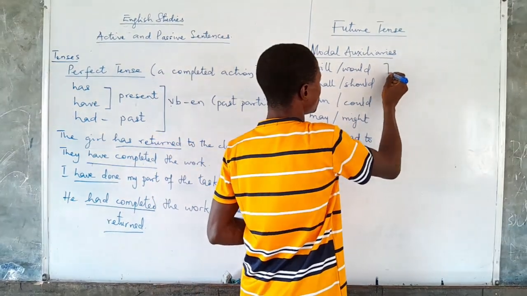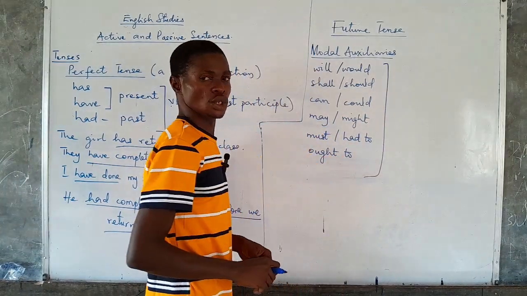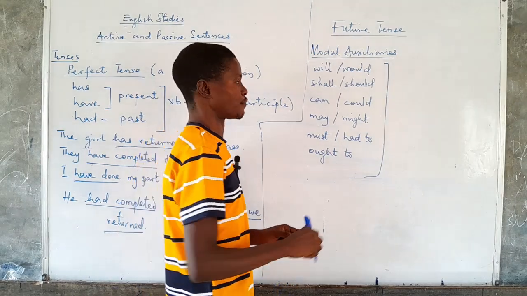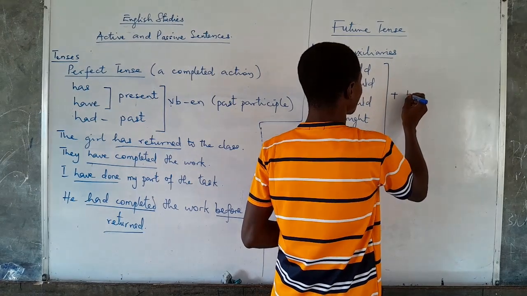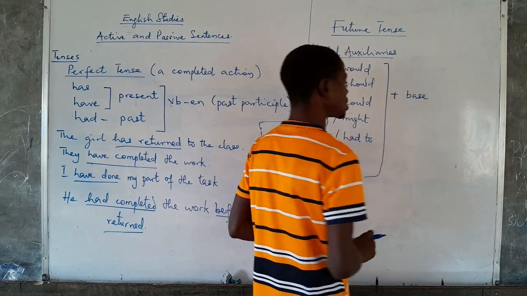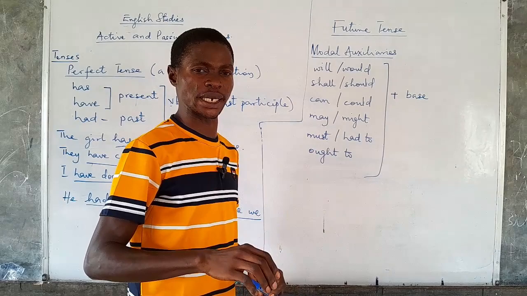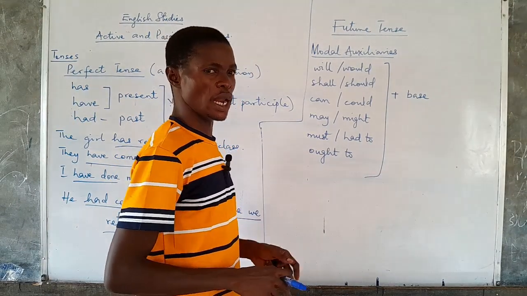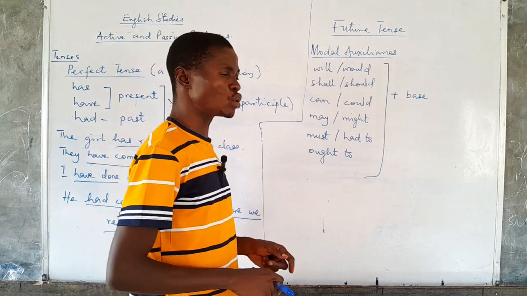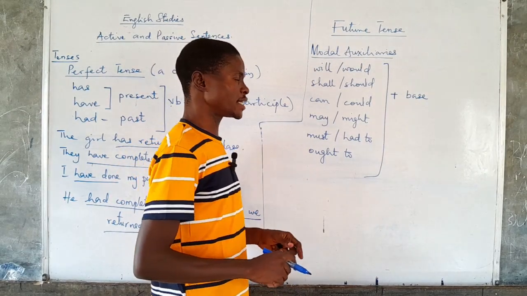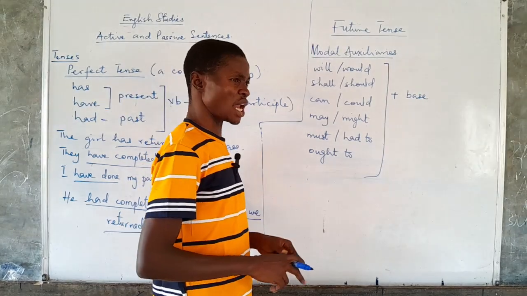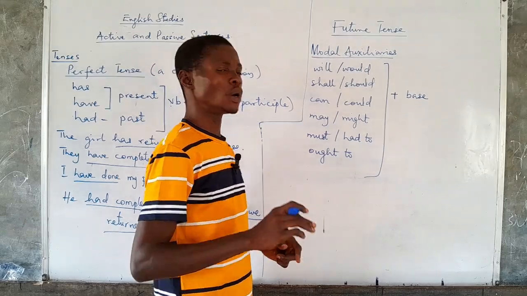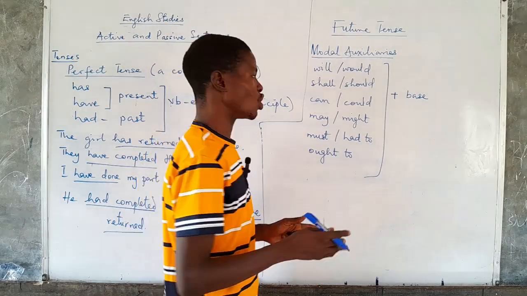Now, the verb that will follow, take note, should be the base, what is known as the infinitive. What is known as the plural present verb will have to follow. We can say, will sing, would dance, can write, shall go. Are we together now? Should play, and so on and so forth.